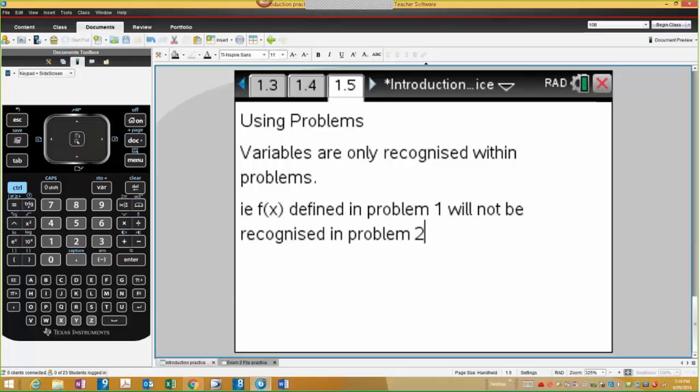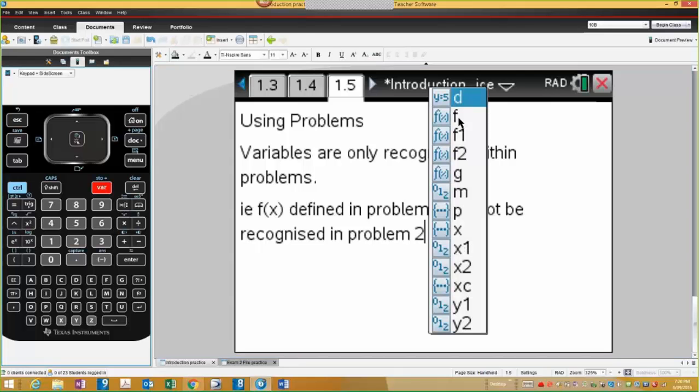So far I'm only using the one problem, called problem 1, and at this stage I've got 5 pages. If I hit the var button over here, we will notice that I've actually created quite a lot of variables within this particular problem.